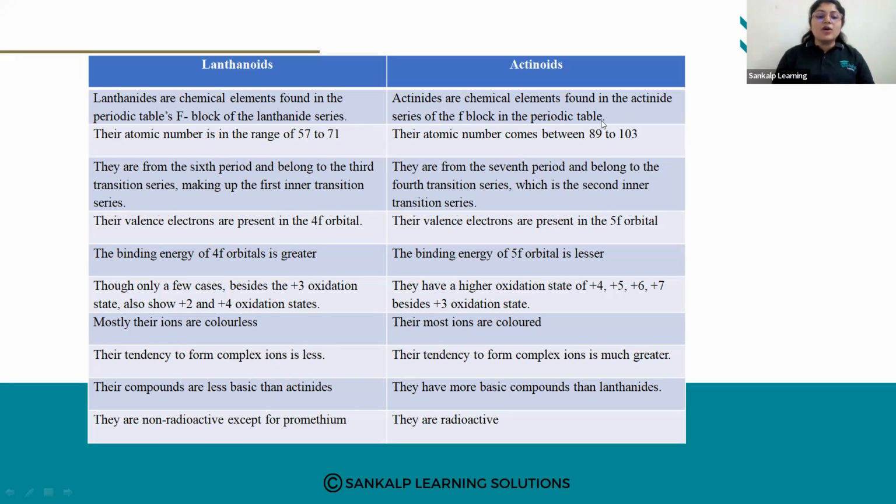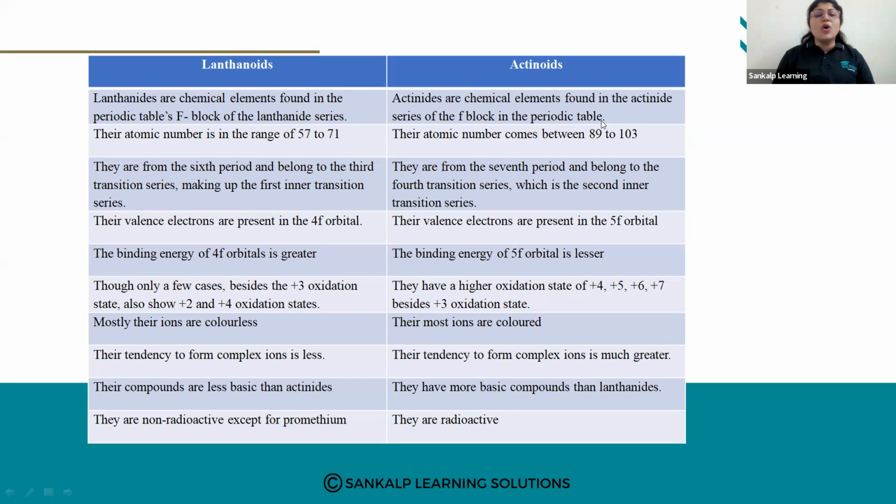Then the compounds of lanthanoids are less basic than those of actinoids. So actinoid compounds are more basic. Lanthanoids are non-radioactive except for promethium.